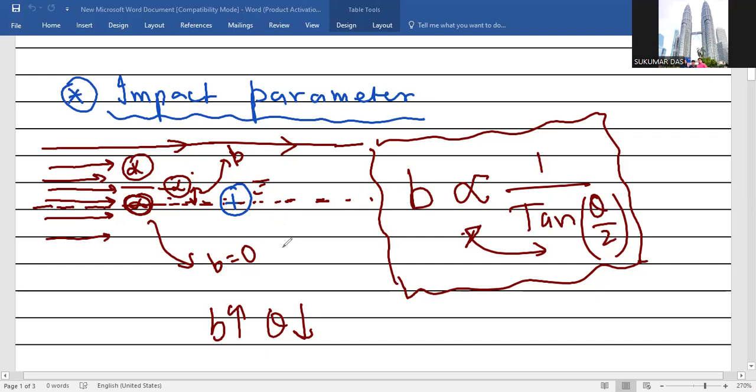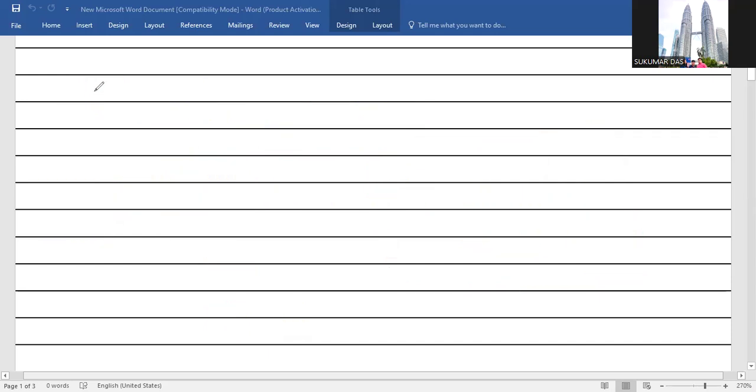Is it okay? Noted? And now we will see the last numerical formula related to the Rutherford Scattering Experiment. Although there are many other relations, that is not required from our point of view. So now we have another one, distance of closest approach.